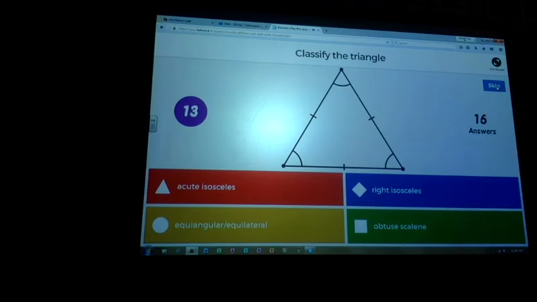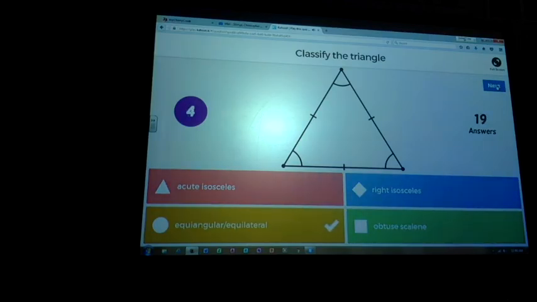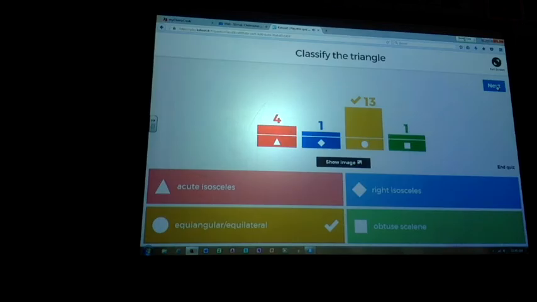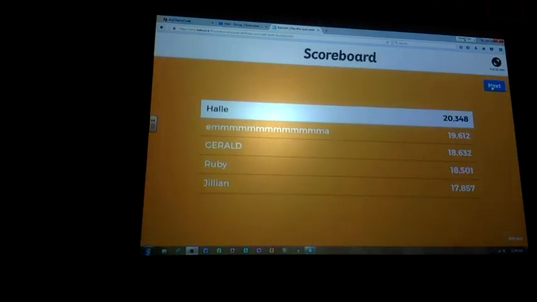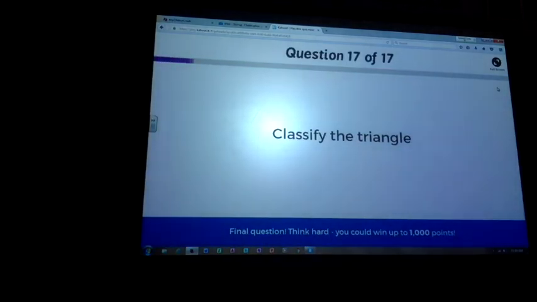Jeez. Oh no. Blue triangle. I'm so cheap. Yellow. It's green. Yellow. Blue. Equiangular and equilateral. That was what you asked before. Uh-oh. Oh, look at that. Last question.